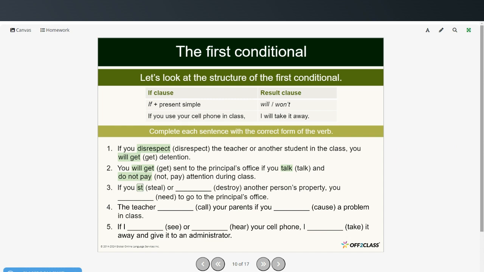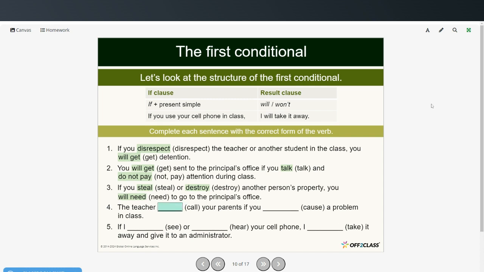If you steal or destroy another person's property, you will need to go to the principal's office. The teacher will call your parents if you cause a problem.